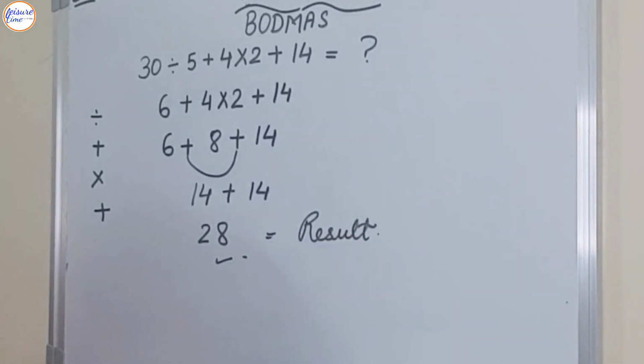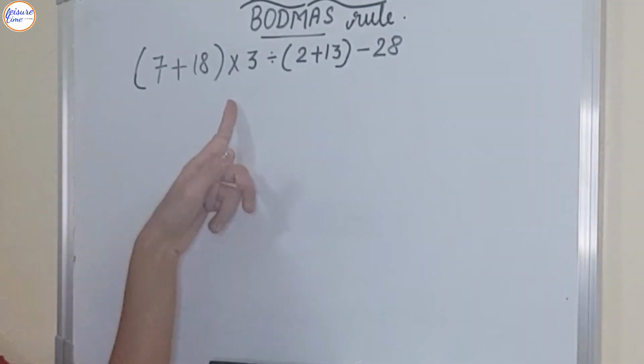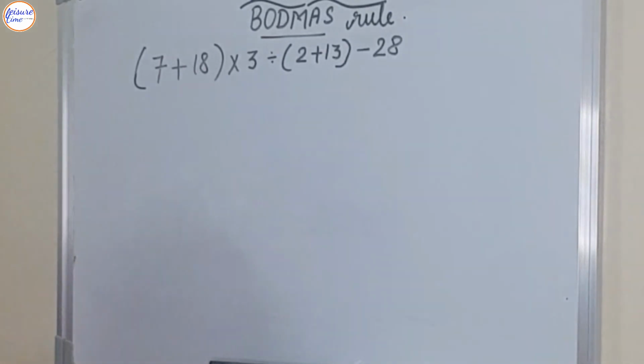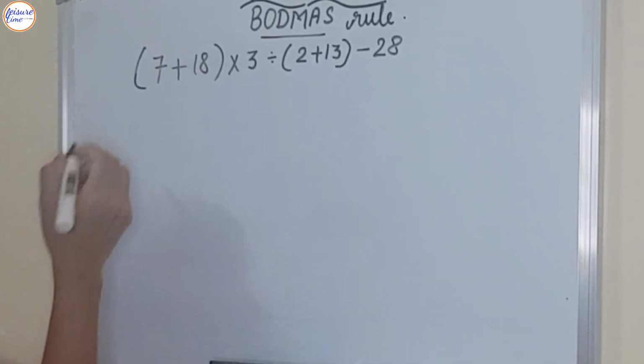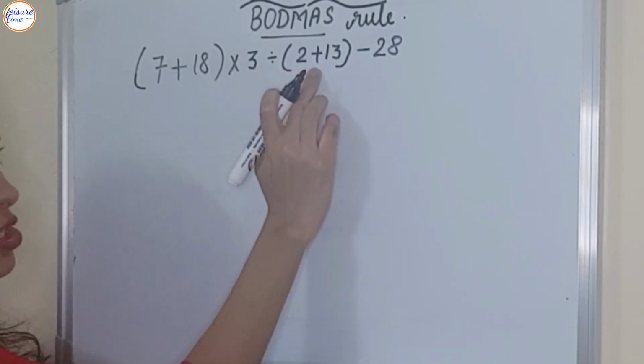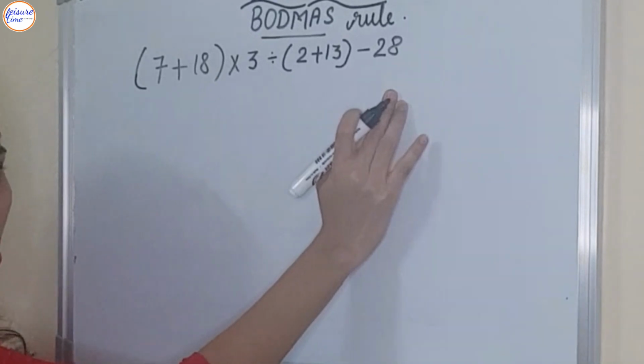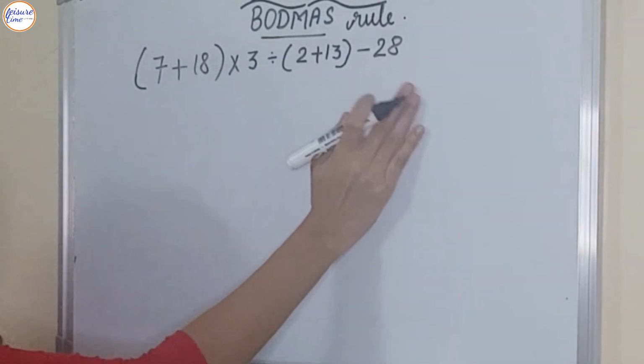Understand? Let's take another example. Now here it is, your second example using brackets. You can see here bracket, multiplication, division, addition and subtraction. So these are the operations you will solve.